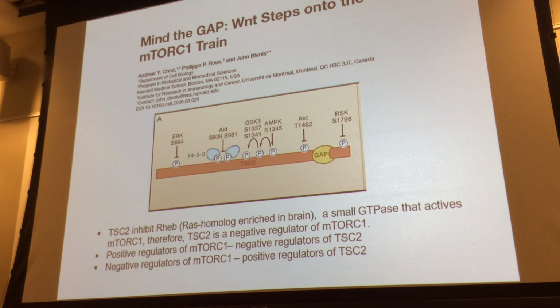Let's say, what are the other signaling? From here you have ERK, you have AKT, you have GSK3. I'm pretty sure you're already familiar with these names. These are all big names in signaling. You have AMPK, you have AKT, you have the ribosomal S6 protein kinase.